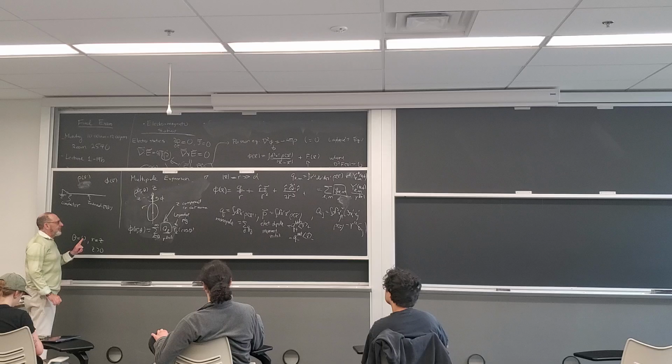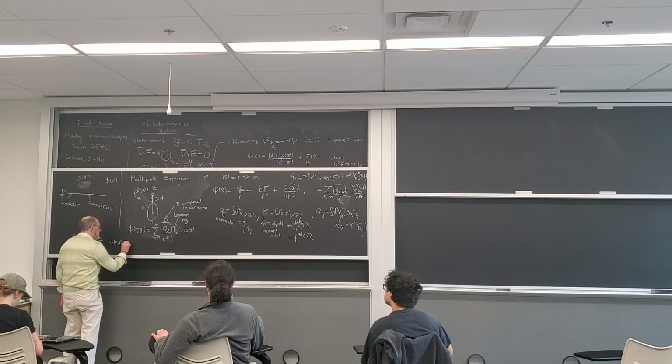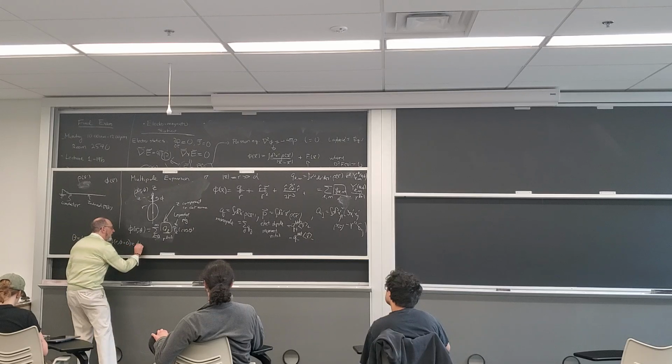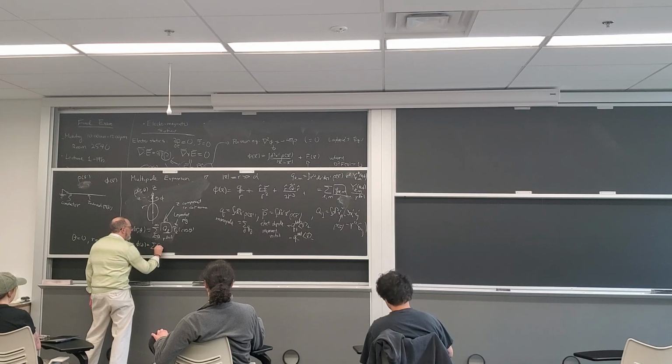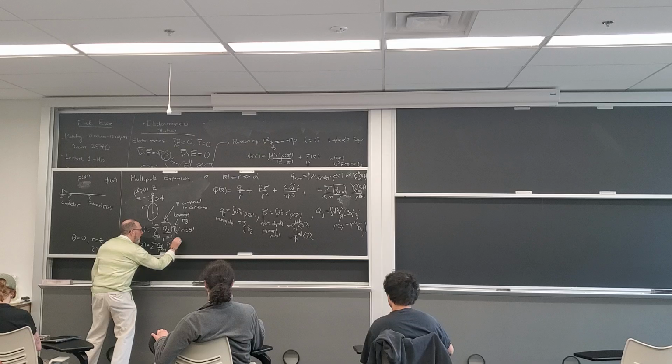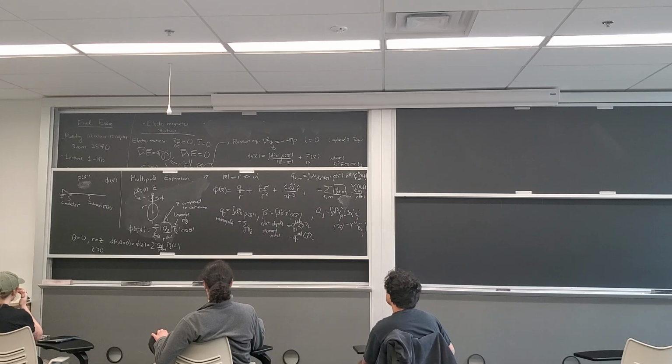So at theta equals 0, that's the potential on the z-axis, which is equal to Q_L over R^(L+1) P_L of cosine of 0, which is P_L of 1, right?